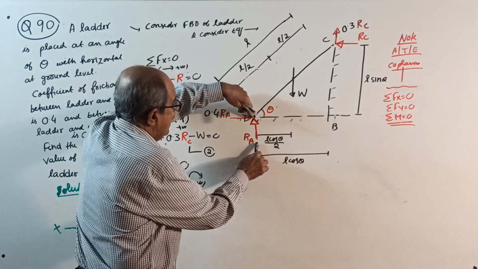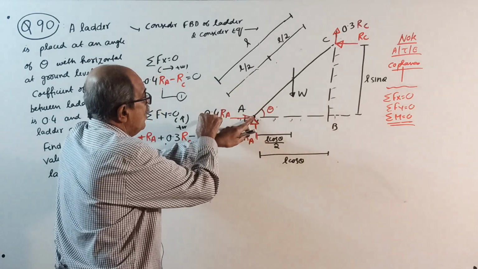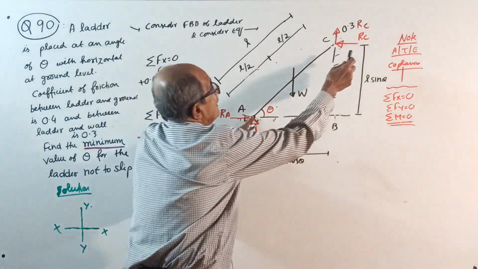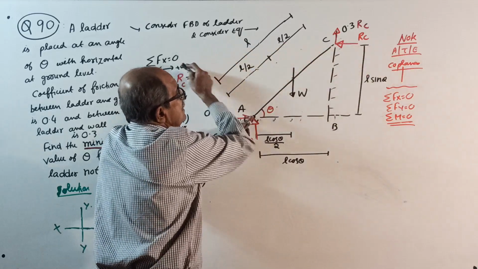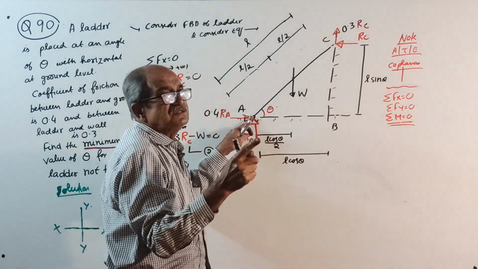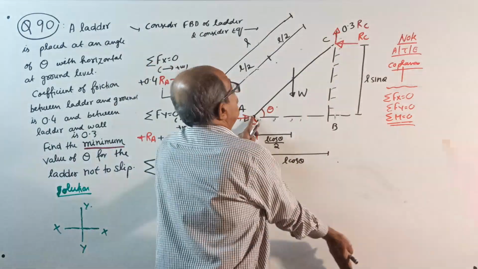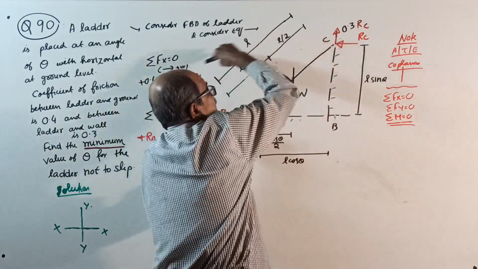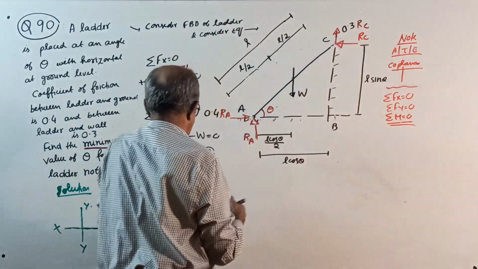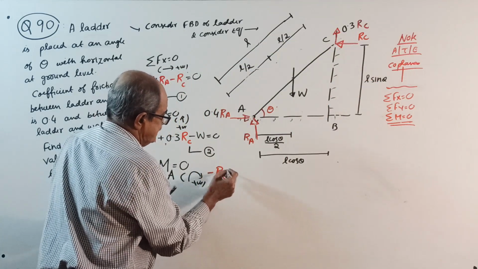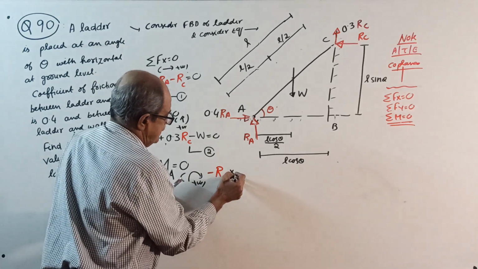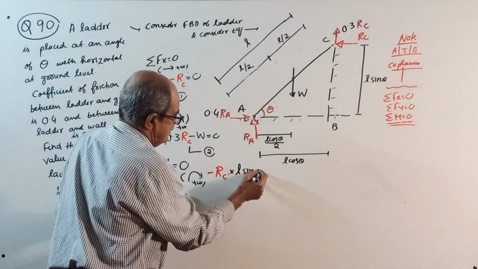Then write RA into 0, 0.4 RA also into 0. Start from here. RC, see, horizontal force into vertical distance. Thousands of times told, minus, anti-clockwise, RC into L sin theta.